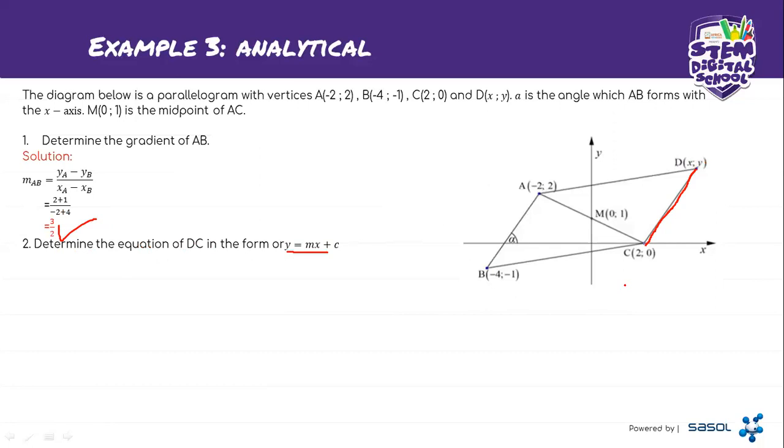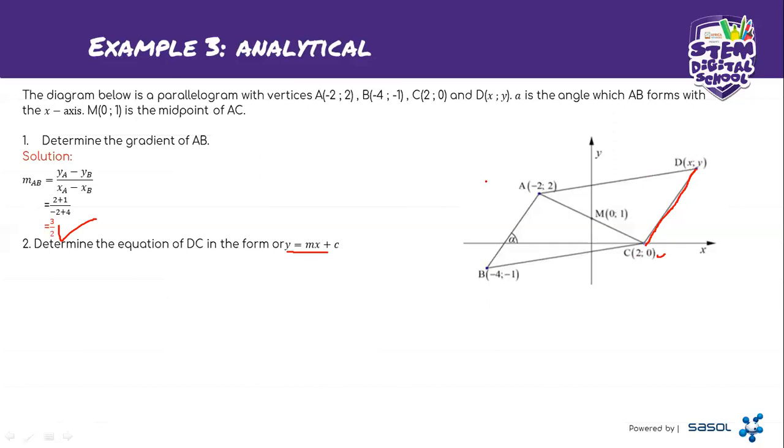First, we need a gradient. Second, we need a point. From this line, we have only one point, which is C (2, 0). If we had a coordinate for D, then it would be easy to calculate the gradient, and we could choose either D or C as the point.